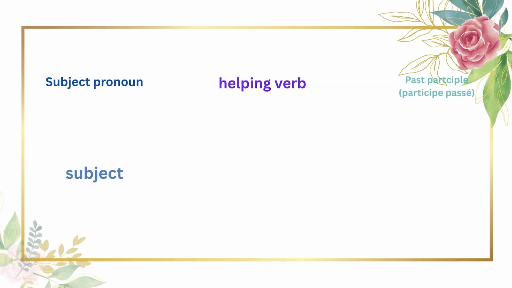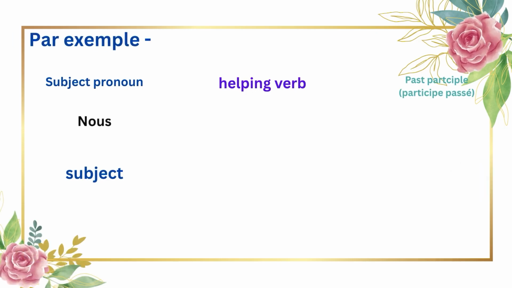Moving on to some more examples. Nous sommes réveillés. Over here, we have the presence of the pronominal verb se réveiller, which means to wake up oneself. Nous sommes réveillés.